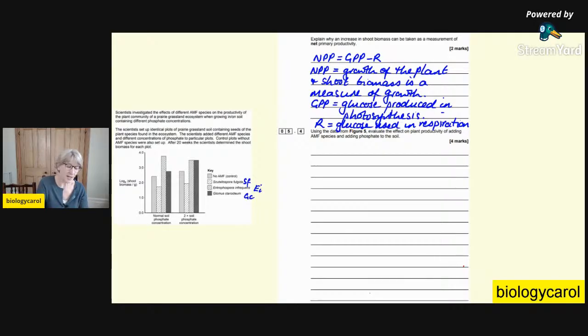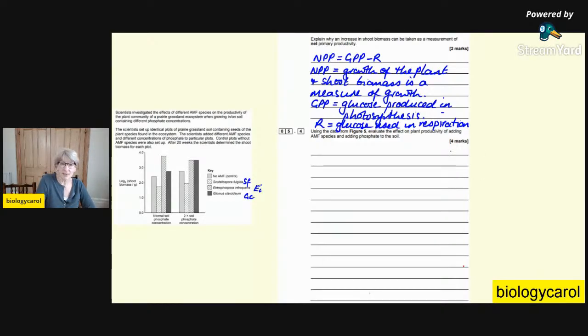The bigger carbohydrates, the proteins, the lipids, the DNA, the RNA, all of those things, which are the molecules that bring about the growth of the plant, which is what I kind of put. NPP equals growth of the plant, and shoot biomass is a measure of growth. GPP is glucose just produced by photosynthesis, but of course, some of that glucose is used in respiration and therefore cannot be used to make these bigger biomolecules.